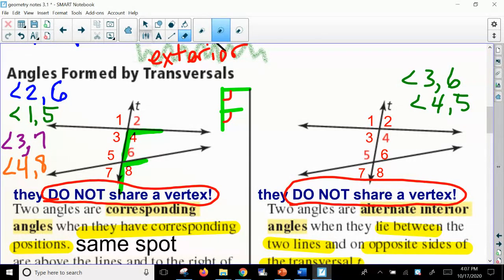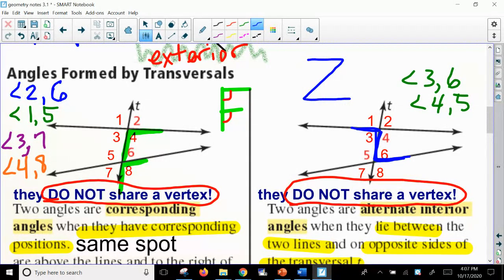So when I trace my alternate interior angles, so check out angle 3 and angle 6, when I trace alternate interior angles, I see a Z. Your Z can be backwards, upside down, or sideways.